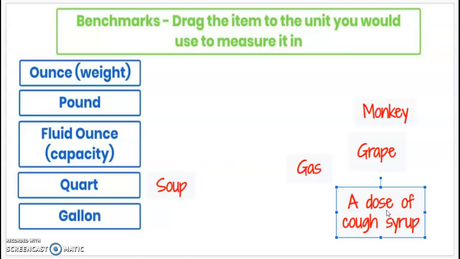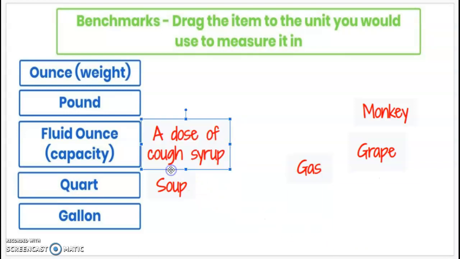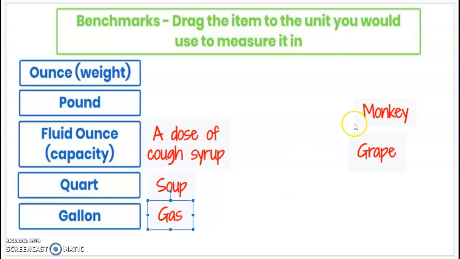A dose of cough syrup: do you drink a ton of cough syrup? Hopefully not. That would be fluid ounces, just a little bit. Gas: when you go fill up a car, you pay for it by the gallon. So we're going to put that as a gallon.